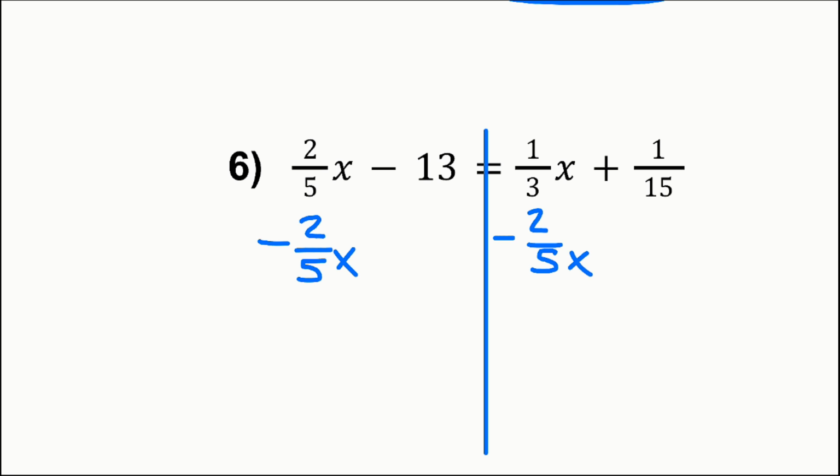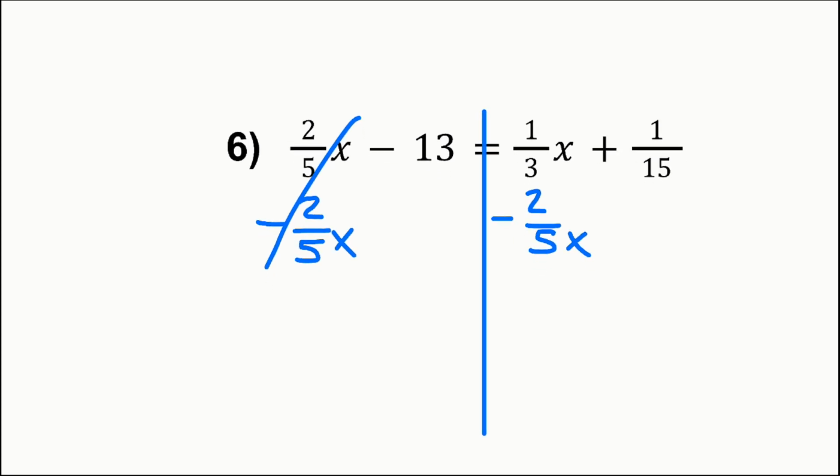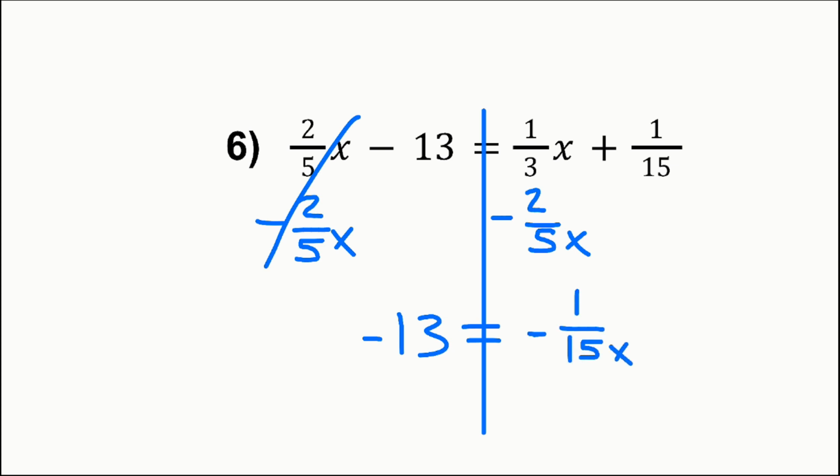We'll just go with it anyway. Notice that that is a negative 13, so that will come down. 1/3 in my calculator, 1/3 minus 2/5 gets me a negative 1/15. So I guess I was wrong. Oh well. Negative 1/15 x. And then I still have a 1/15 over here.